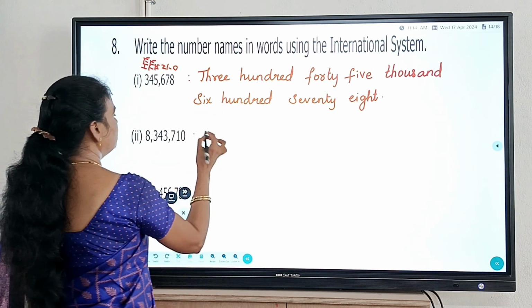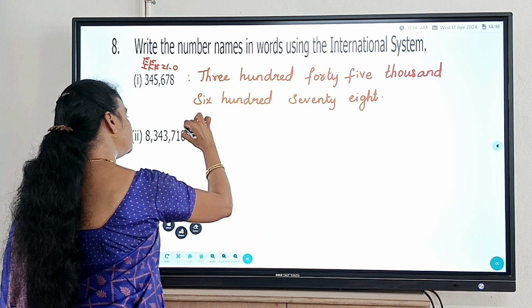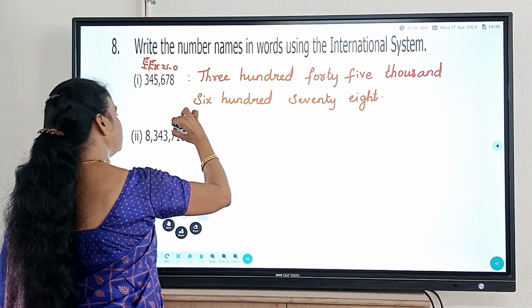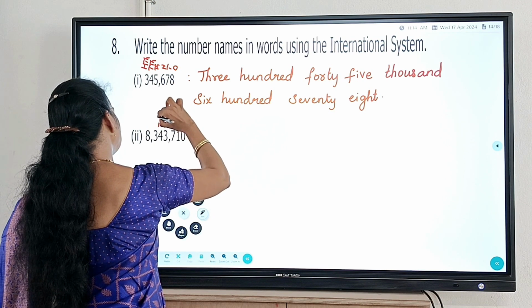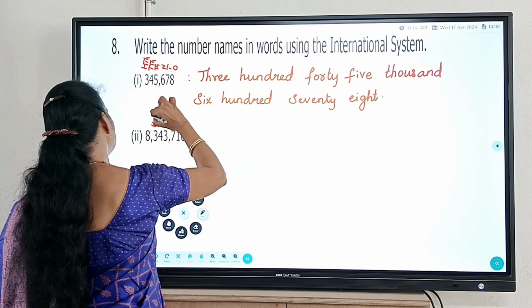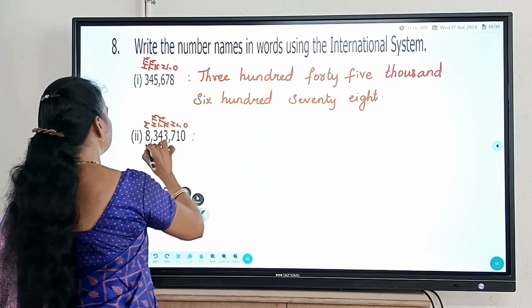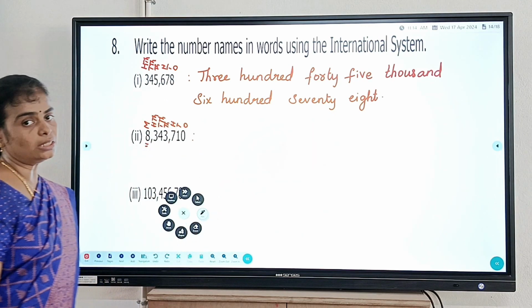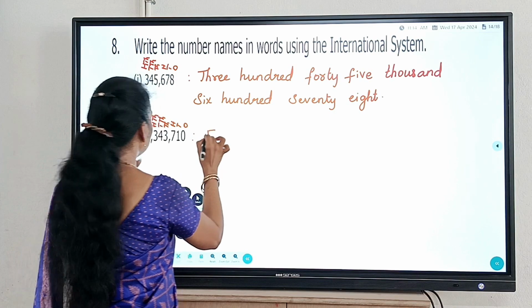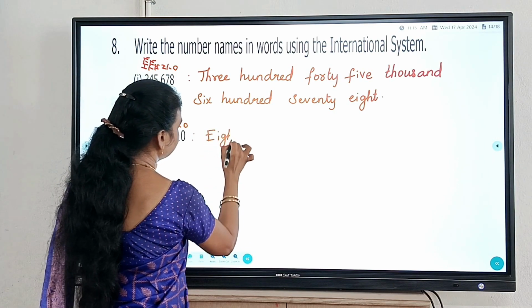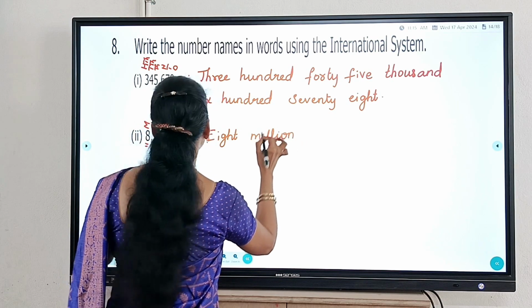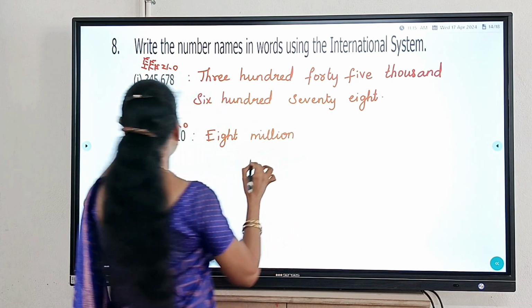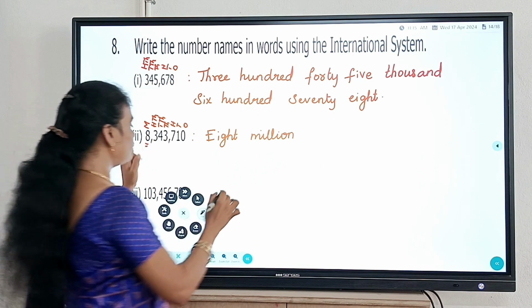The next one, again in the same way, this is ones, tens, hundreds, thousands, 10,000s, 100,000s and millions. So it starts with million. So 8 million, and these three together form the thousands group.